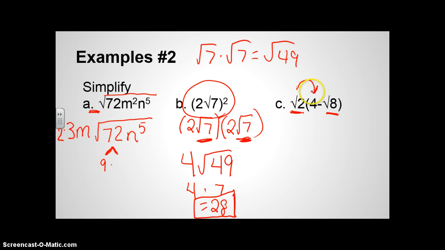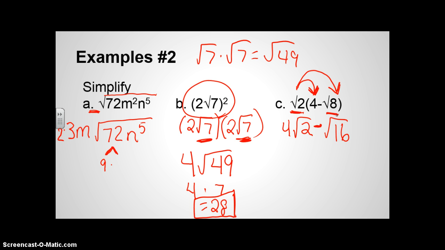I'm going to take the square root of 2 and multiply it by 4. So what I have is 4 times the square root of 2. Then I'm going to bring down my minus sign here. The square root of 2 distributed to the square root of 8 gives me the square root of 16.